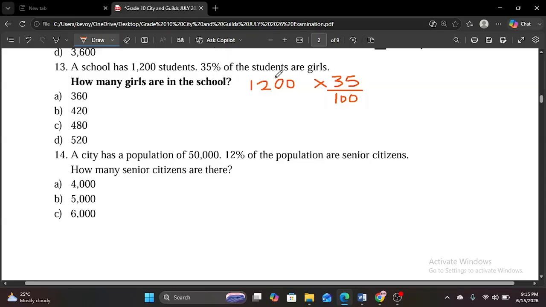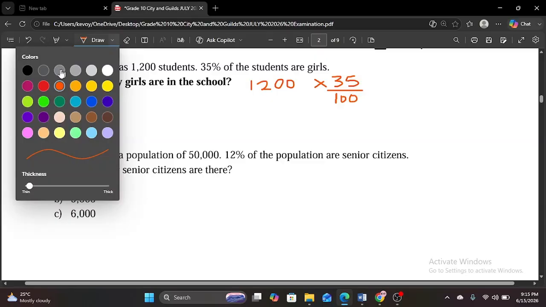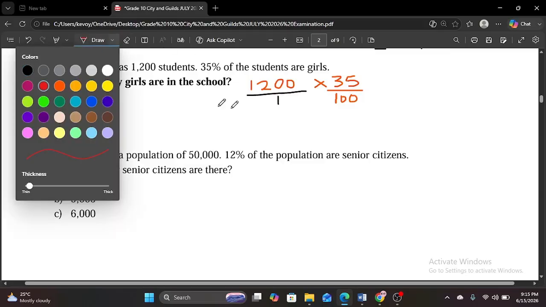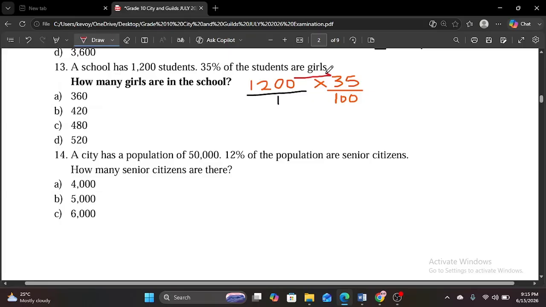So we multiply that by 1,200, and we know that if we have a whole number multiplying a fraction, we put that whole number over 1, and then we multiply the two fractions. So same thing we have been doing. Numerator times numerator, denominator times denominator.